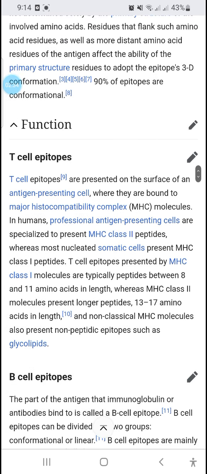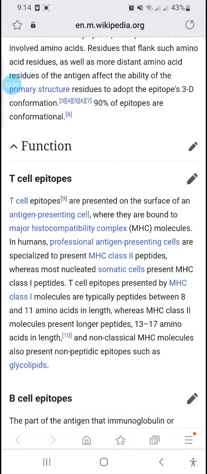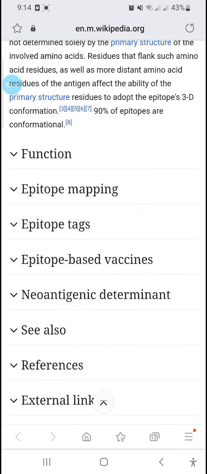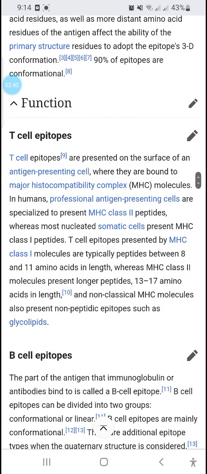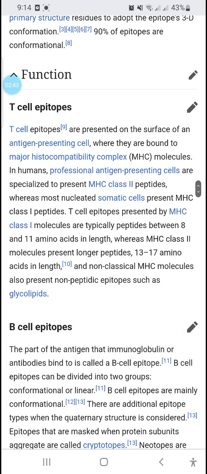Next, function. T cell epitopes. T cell epitopes are presented on the surface of an antigen presenting cell, where they are bound to major histocompatibility complex (MHC) molecules.